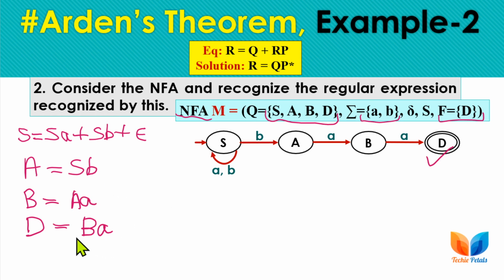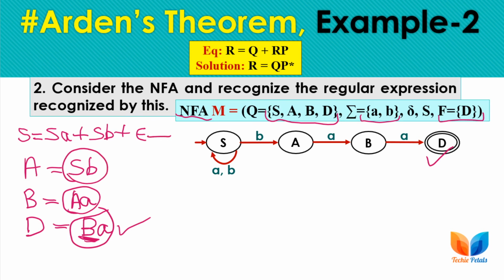Here if you see, we have to solve the expression for D only, but for D we need to solve B, because D's expression has B on the right hand side. So we have to solve B first, and for B we need the substitution of A, and for A we need to solve S first.